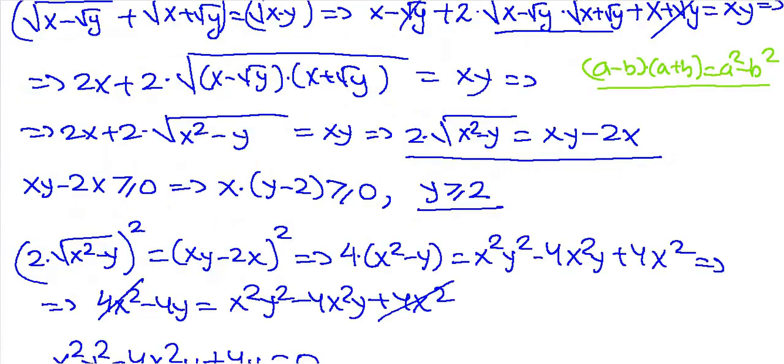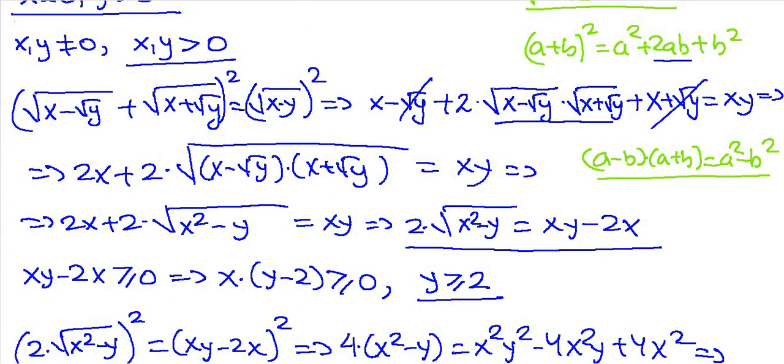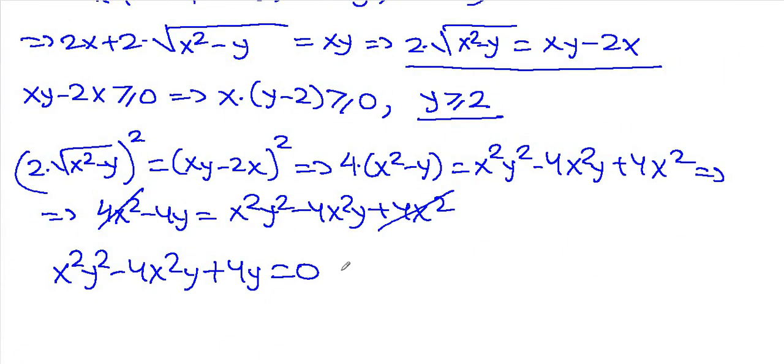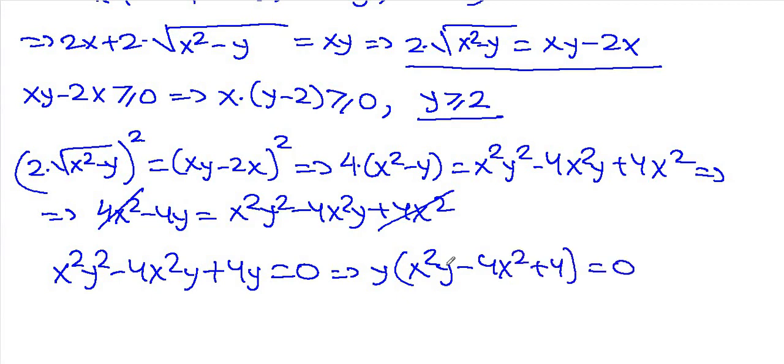And as you remember again, xy is always greater than 0, so therefore we can factor out y. Then I'll get x squared y minus 4x squared plus 4 is equal to 0. So, which means that from this equation I'll get simply x squared y minus 4x squared plus 4 is equal to 0. So here, let me solve for x squared.